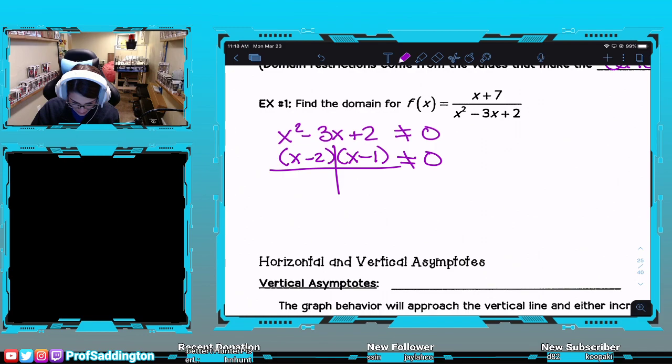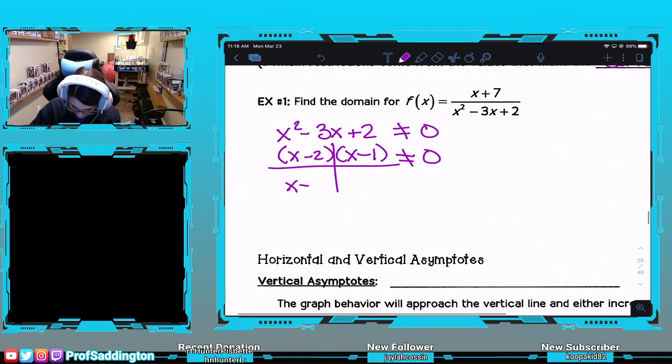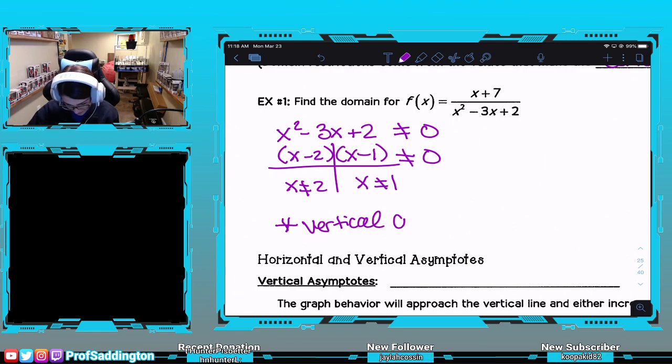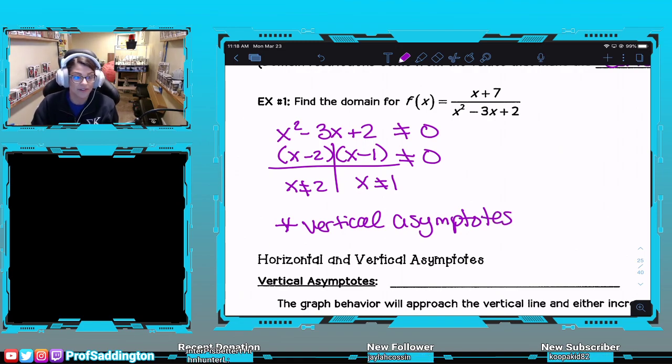You can drop down your t-chart. So we know x cannot be equal to 2 and x cannot be equal to 1. When that happens, we get vertical asymptotes, which makes sense because x equals lines are vertical lines, so therefore vertical asymptotes.